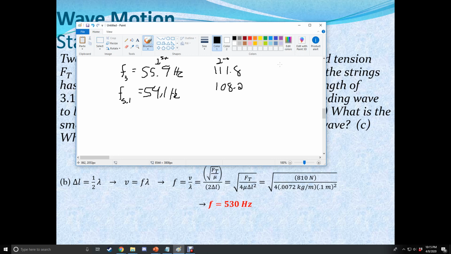And then you could keep going and find which frequency is the same between them, and you'd find it is 530. Now, as you can see, this is going to take a while. I don't know exactly how high we'd have to go. Actually, I can do the math real quick. Yeah, we'd have to go up to about 9 or 10 harmonics before we get to the 530 hertz area.